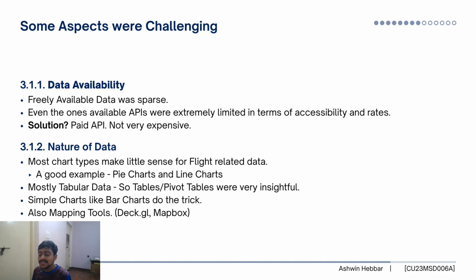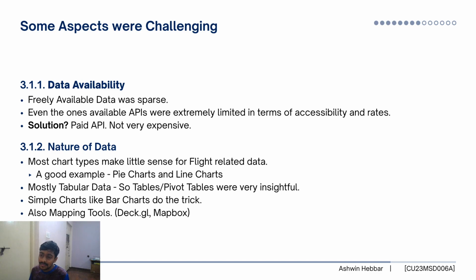The second challenge that I faced was more interesting. This is about the nature of data. Most usual chart types don't really make sense for flight-related data. Specifically, I'm talking about pie charts and line charts here, although I am using line charts in a different kind of way.